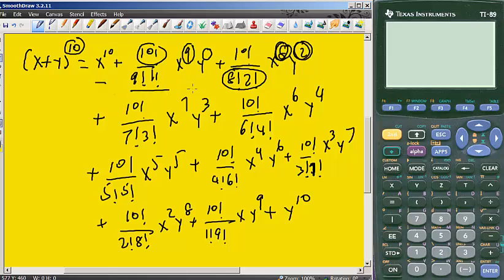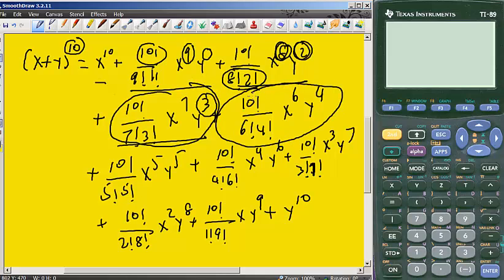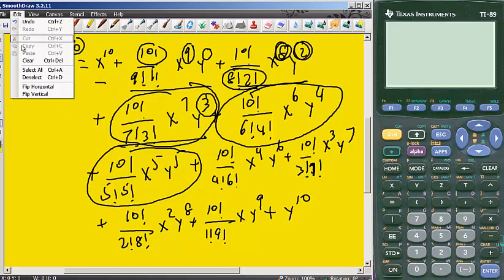First term, second term, third term, fourth term. In the fourth term, what's the power on the y? 3. In the fifth term, what's the power on the y? 4. In the sixth term, the power on the y is 5. So you can logically say the power on the y will always be 1 less than the term that you're trying to find. Got it? Okay, here we go.